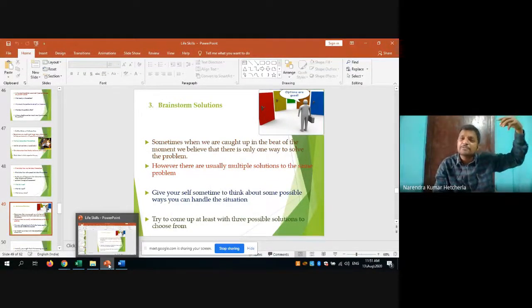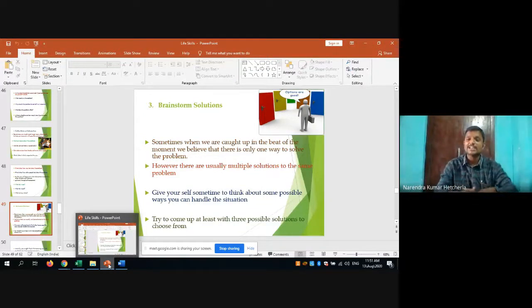There are a good number of ways. As there are many ways to enter one college, there are many solutions for a single problem. This is possible only when we brainstorm, when we think. So give yourself some time to think about some possible ways you can handle the situation.